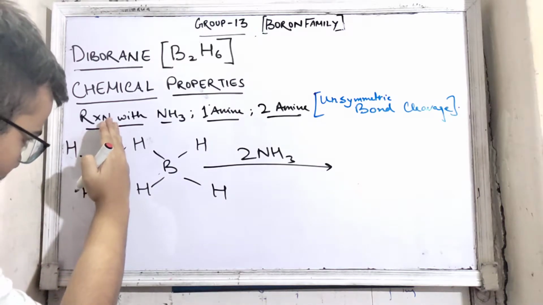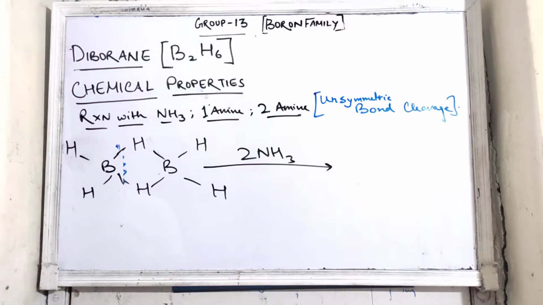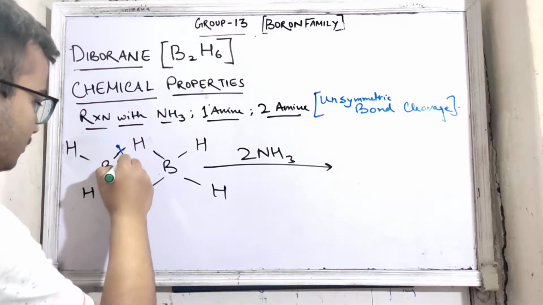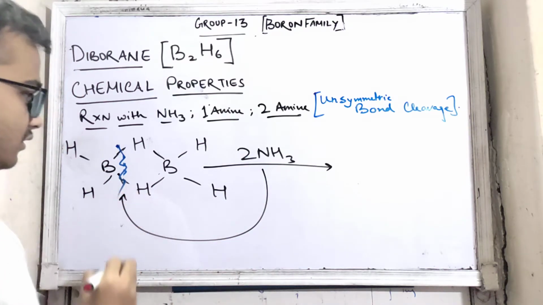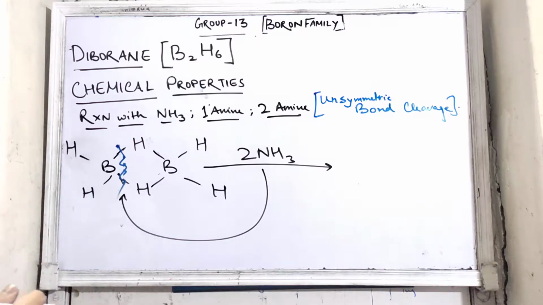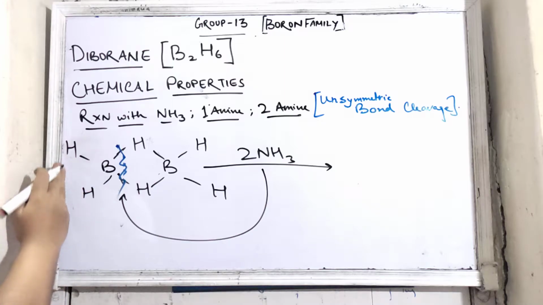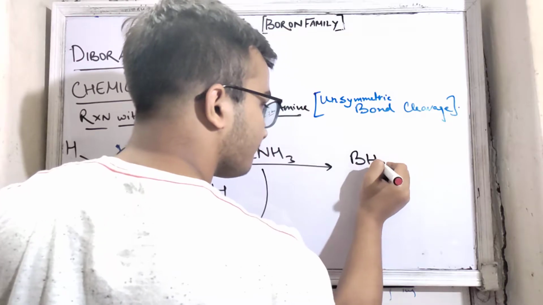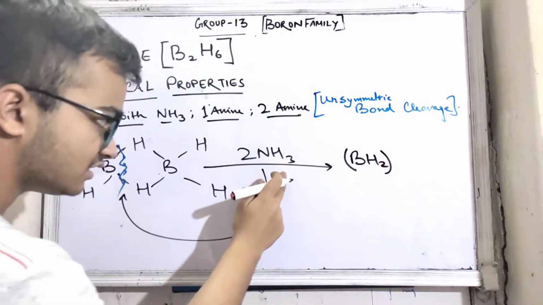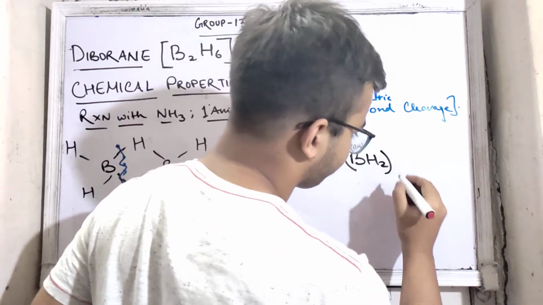If we cut the bond from this direction and then NH3 comes here 2 times, the result we obtain is, see how much hydrogen is left with boron, BH2, right? We write BH2 over here, NH3 is coming. How many NH3? 2 NH3 is coming, right?